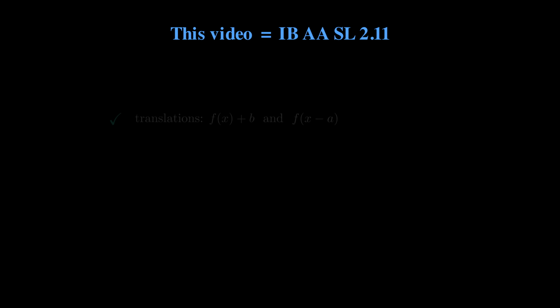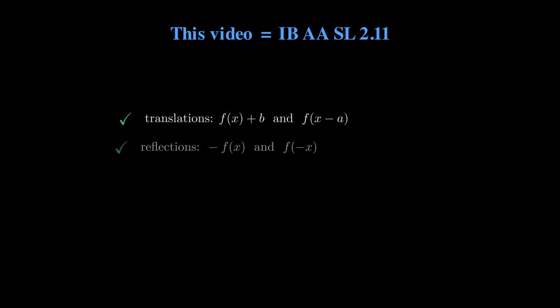Here's exactly what this covers, straight from your syllabus. Analysis and approaches, standard level 2.11. Translations, sliding a graph. Reflections, flipping it. Stretches, scaling it. And composite transformations, where we combine several moves and ask whether the order matters.